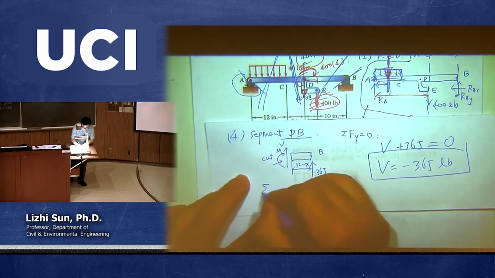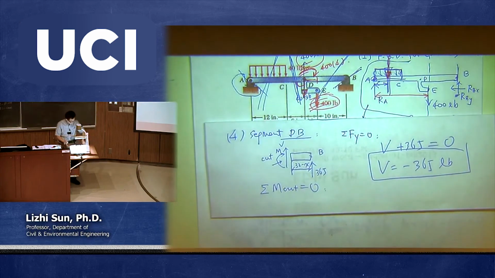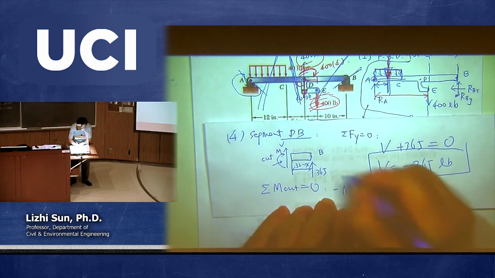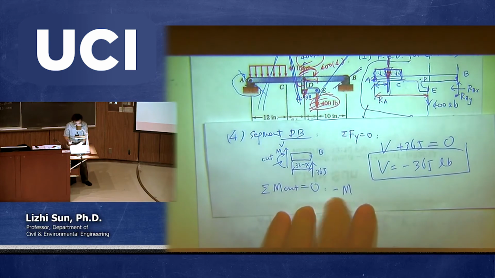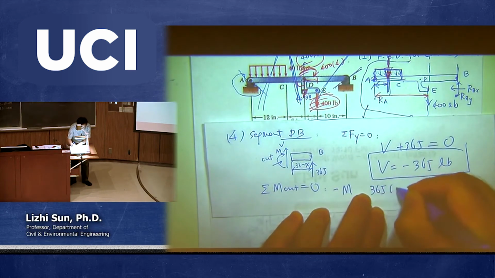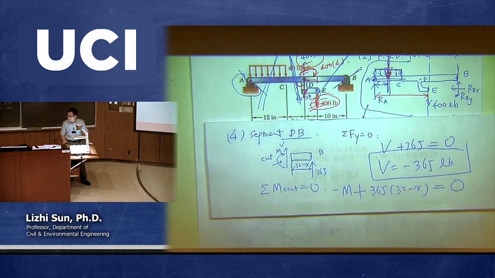The second equation, collecting the moment at the cutting point, sum of moments about z equals 0. This one we have a negative, because it's clockwise, so it's a negative moment. And then 365 times the shorter distance, 32 minus x, is going to be counterclockwise, that's positive, and equal to 0.